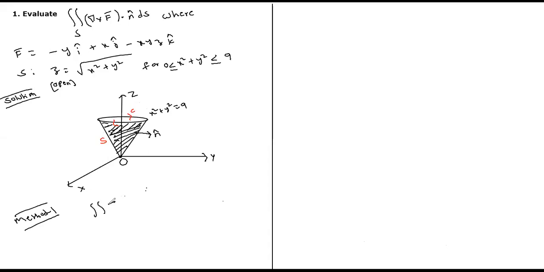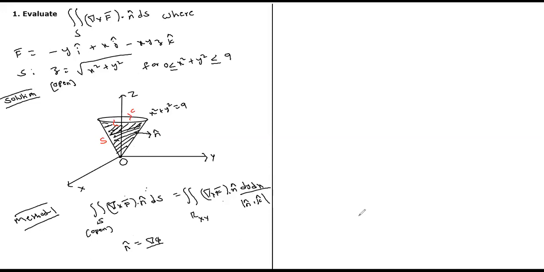Curl f bar dot n bar dS over S equals, for an open surface, the double integral over Rxy of curl f bar dot n cap dy dx by modulus of n bar dot k bar, and n cap is del phi by mod del phi, where phi equals x square plus y square minus z square.